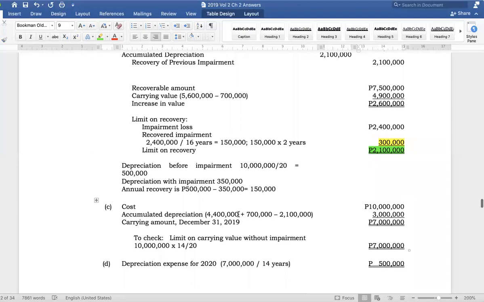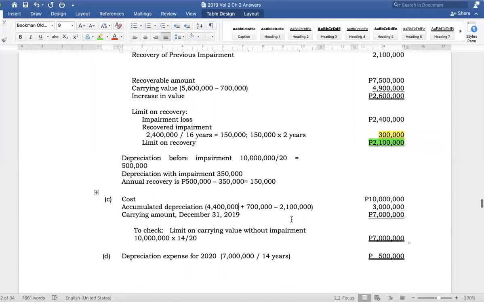Your accumulated depreciation at the end of 2017 after recording impairment is 4,400,000. You record depreciation expense of 350,000 during 2018 and 2019, so a total of 700,000. But your accumulated depreciation is reduced by the recovery recorded amounting to 2,100,000. So that is 3 million. So your carrying amount is 7 million.